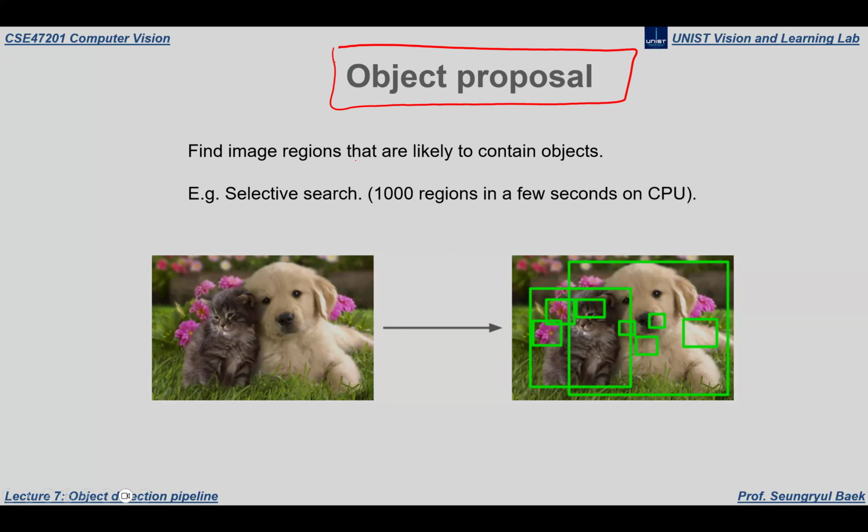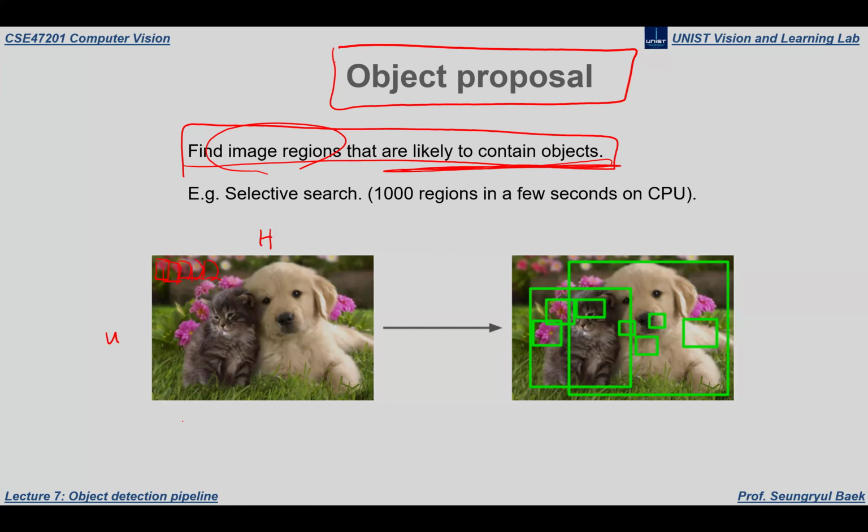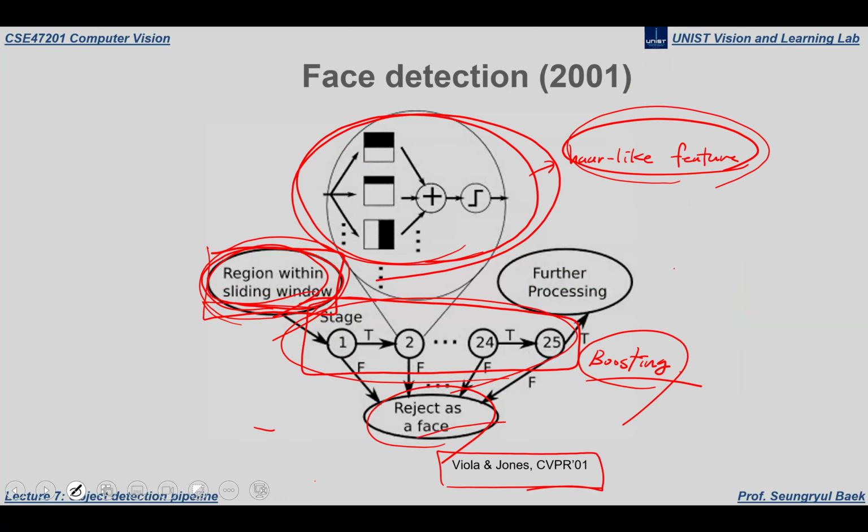What they want to do is, rather than applying the CNN, the deep learning algorithm, on all the bounding boxes extracted from the sliding window, find some image regions that are likely to contain the object. As I told you, if we extract all the bounding boxes from these images, there would be H by W by types of bounding boxes extracted from the image, and this will be very many.